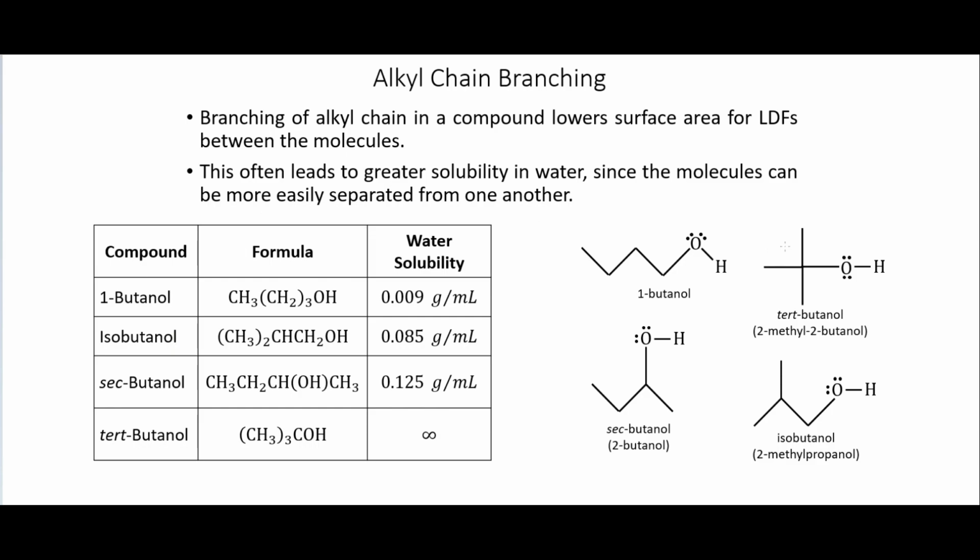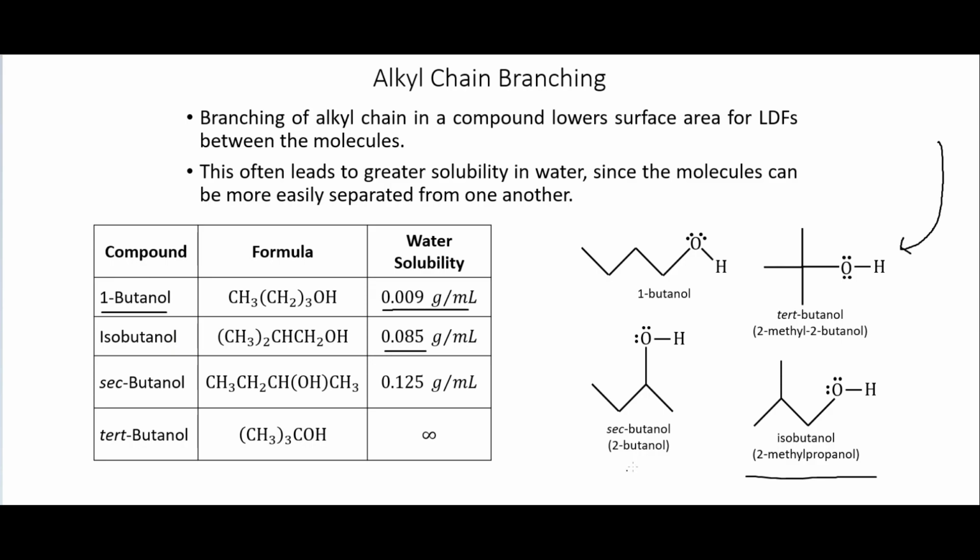These are all 4-carbon molecules, where 1-butanol, the linear chain, has 0.009 grams per milliliter that can dissolve in water. But with isobutanol, where we now have a branching rather than just a linear chain, we increase the solubility by an order of magnitude, to almost 0.085 grams per milliliter.